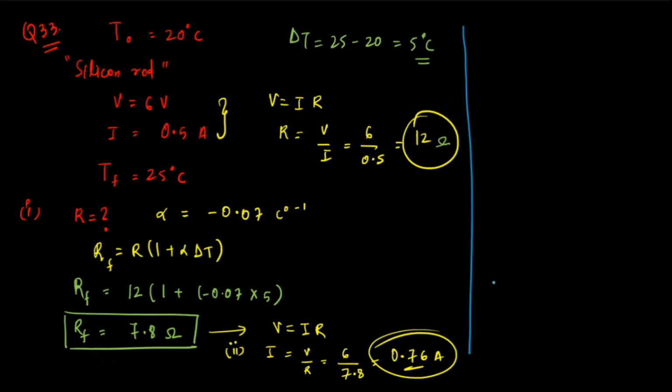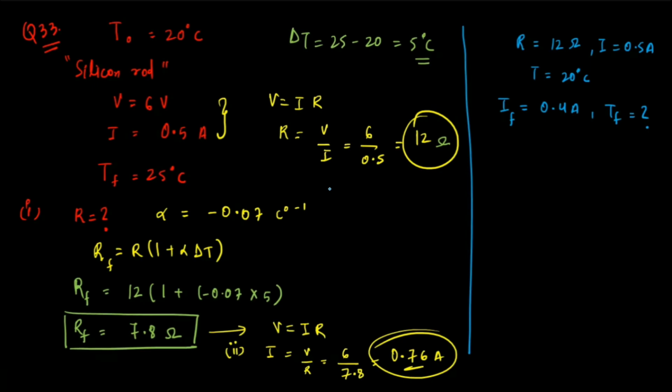The initial value of resistance, 12 ohms, gives us the current of 0.5 amperes, and the temperature is 20 degrees Celsius initially. Now the question says you have to cut the value of current to 0.4 amperes. In order to do that, what should be the final temperature? That is what it is asking.